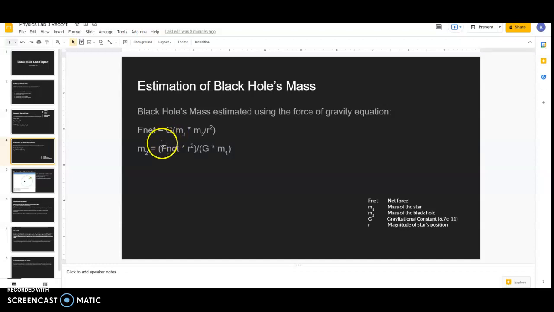And so this can be rearranged to solve for m2, which is the mass of the black hole, and that equals net force times the magnitude of the star's position squared divided by the gravitational constant times the mass of the star.